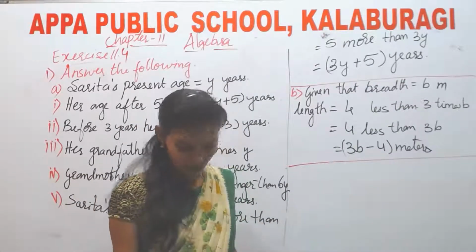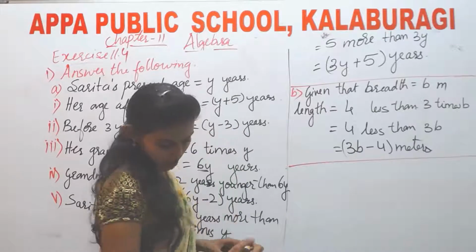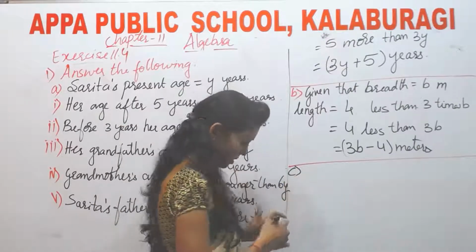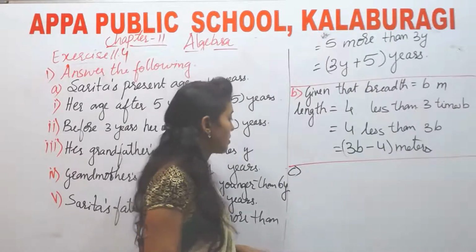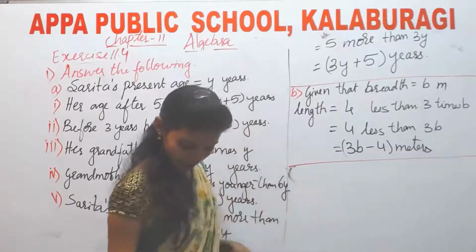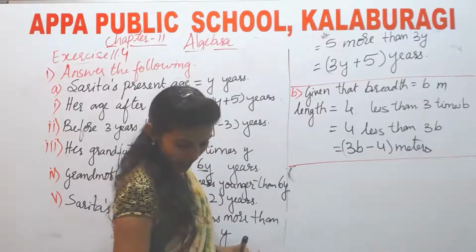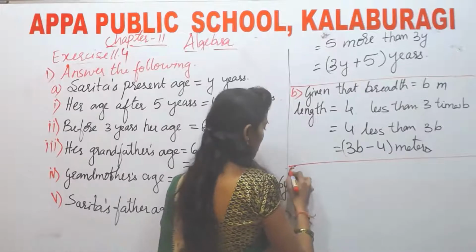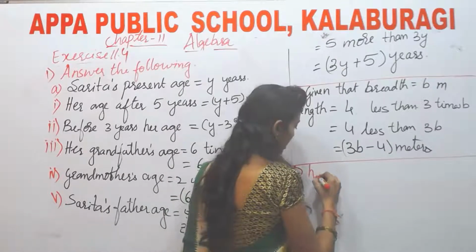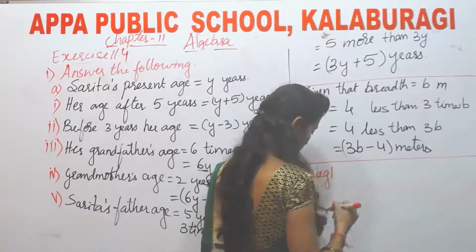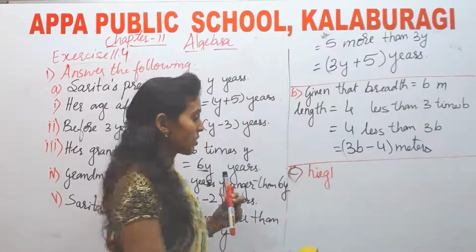Okay. Next one. C1. A rectangular box has height h centimeter. I'm changing the ink.